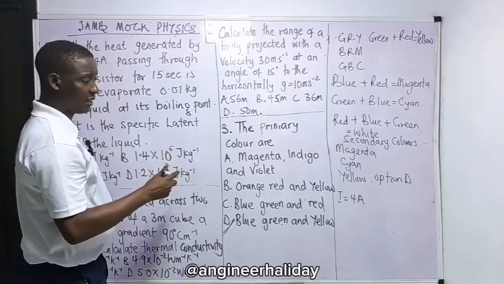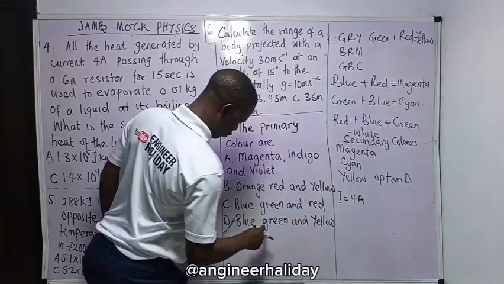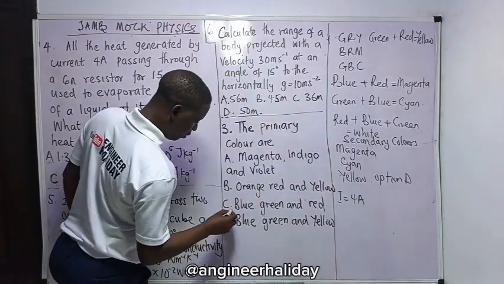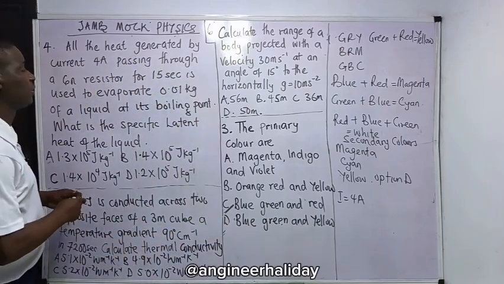But please, we made a mistake here. I'm choosing red, blue, and green, but I chose the wrong option. So it should be option C. So please, sorry for that.